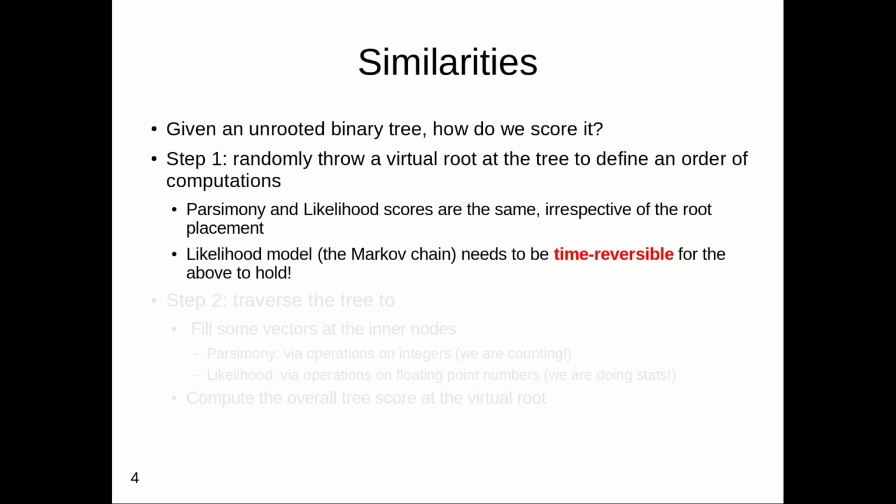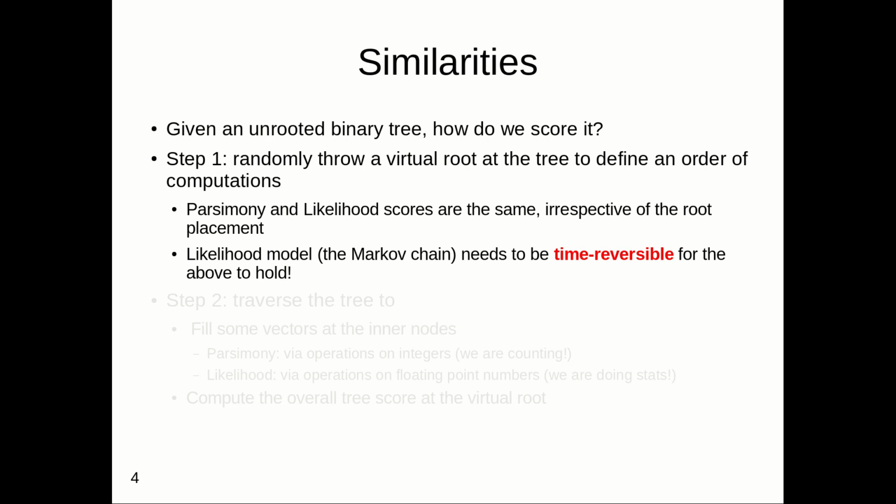If the substitution model, the statistical model of nucleotide evolution that we're using, is not time reversible, then the above doesn't hold anymore. So we will get different likelihood scores for the very same tree, depending on where we place the root. So this is one part of the similarities.